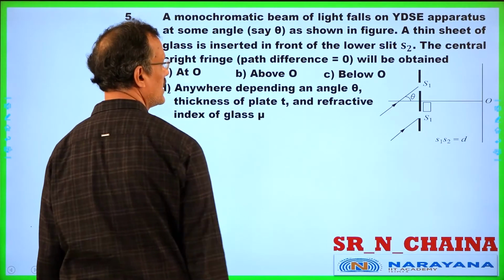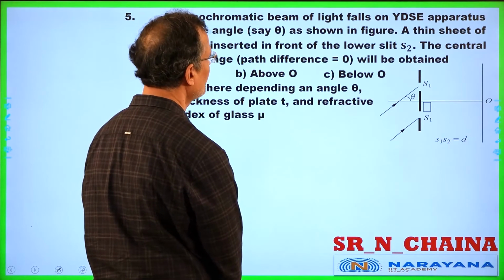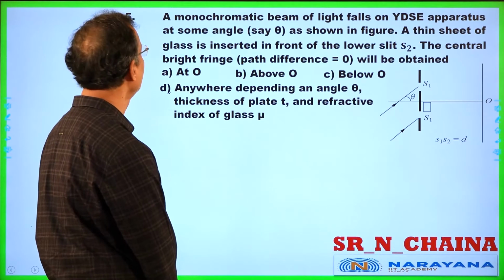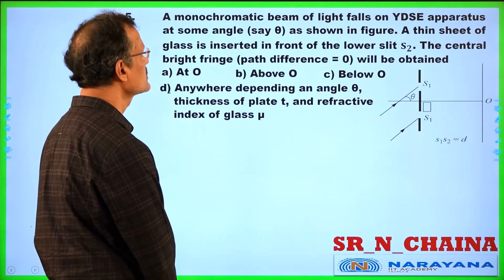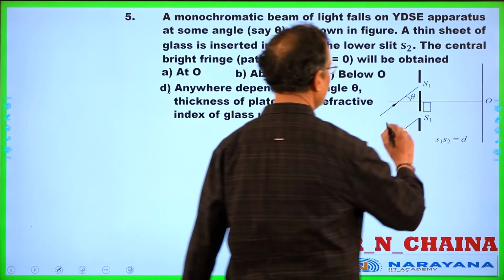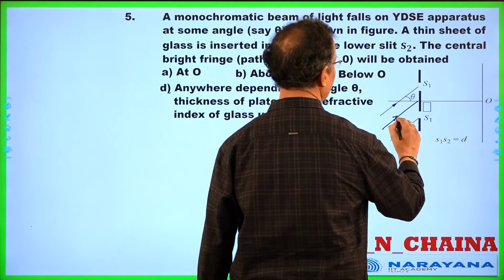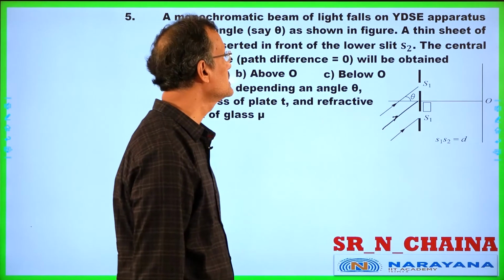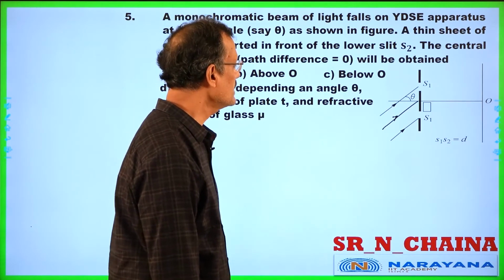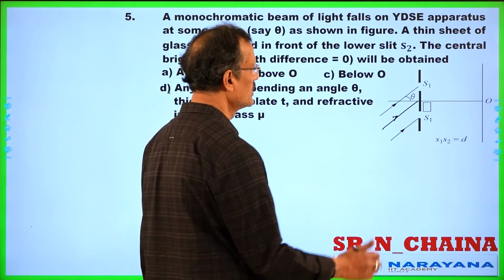I'm on number 5 now. A monochromatic beam of light falls on YDSE at some angle as shown in the figure. These are the rays. You take one ray here also, no problem. The ray is falling like this. A thin sheet of glass is introduced in front of the lower slit.